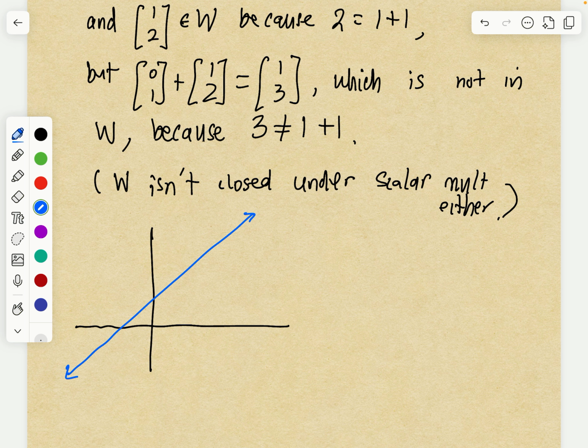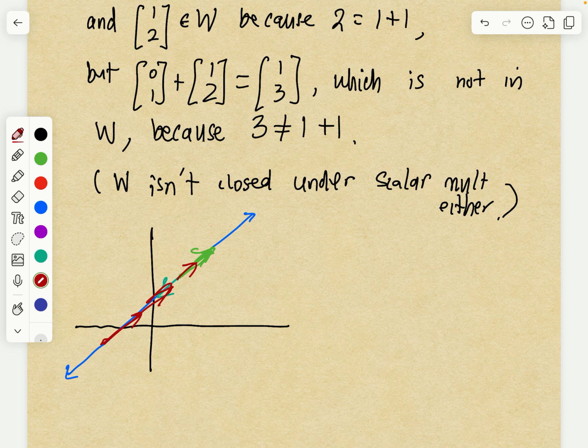They'll say, let's say you take a vector like this, and then you take another vector like this. When you add them, you get a vector like this, and it stays along the line. So the set is closed under vector addition. And it's also closed under scalar multiplication because if you take a vector on this line and then scale it, you stay on the same line.